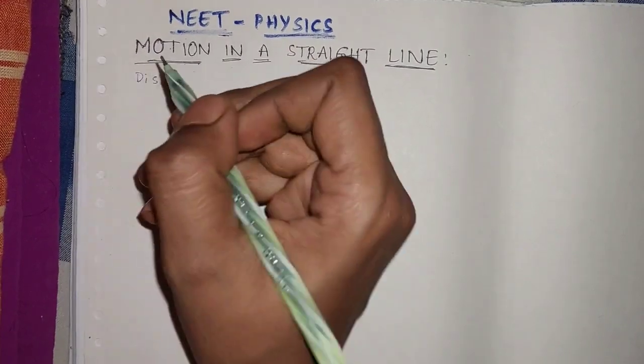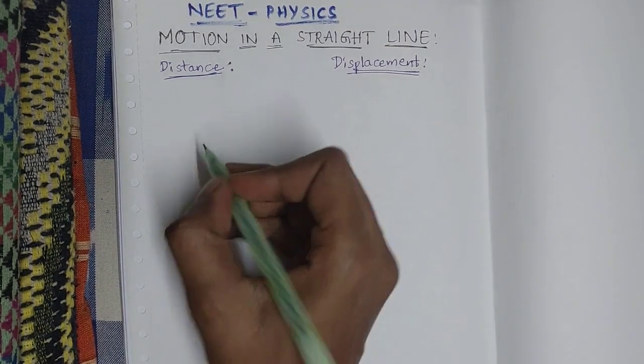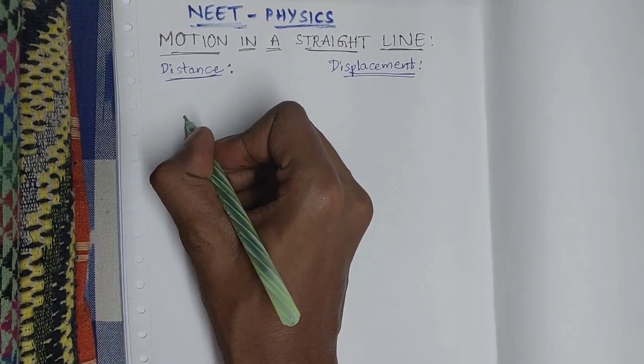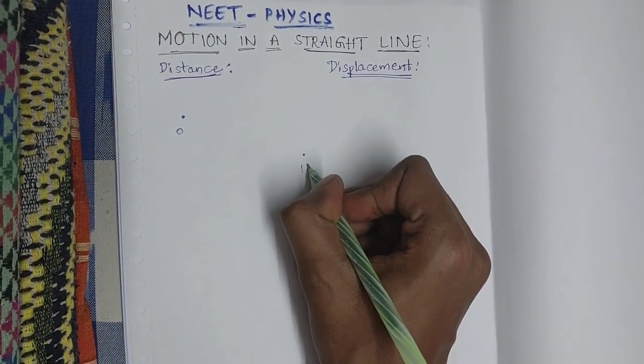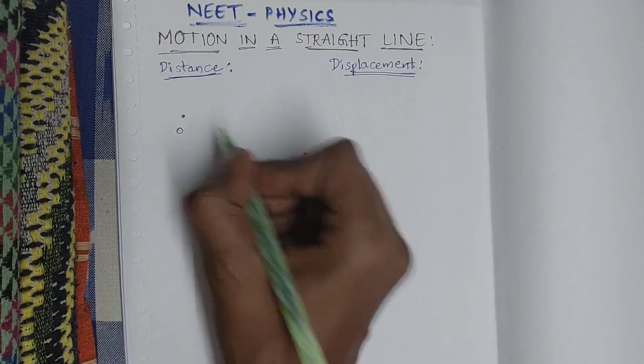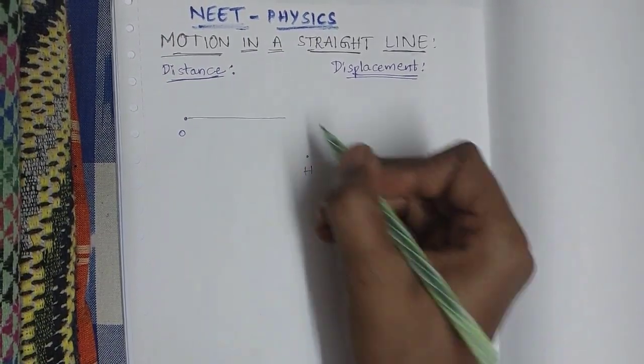distance. Distance is the actual pathway between the initial and final positions. Let us consider a person travels from his office to home, and the distance traveled by him is like this.